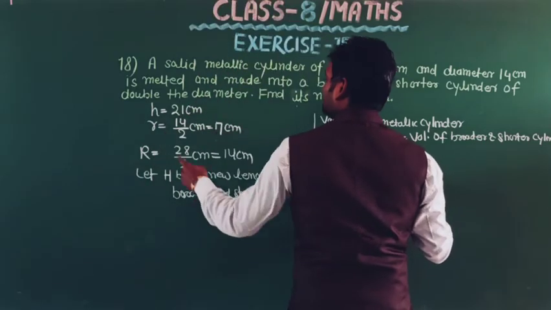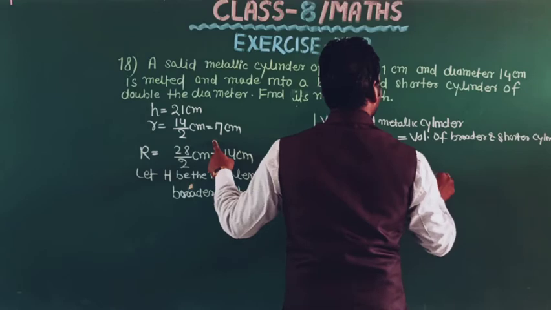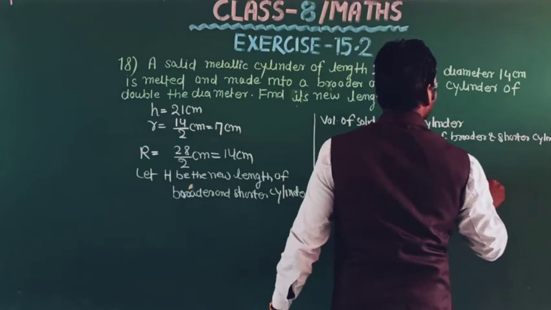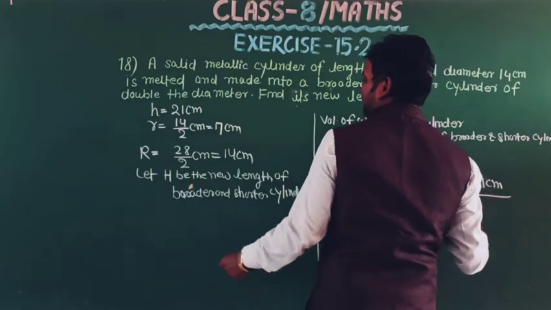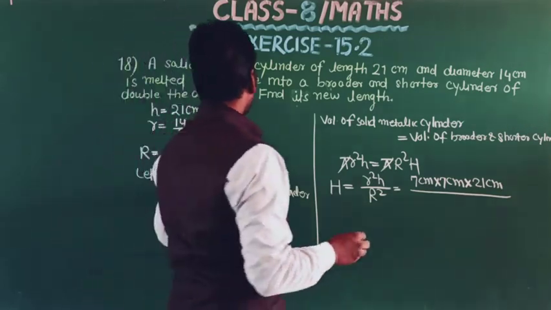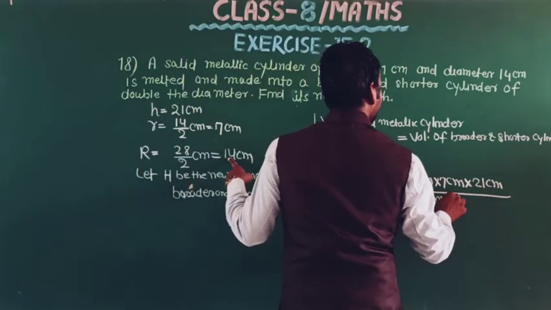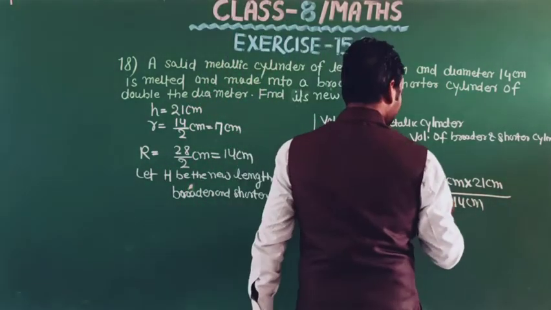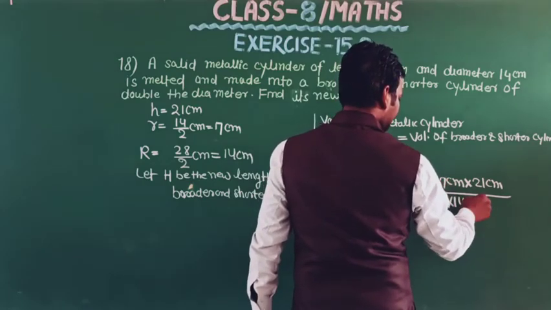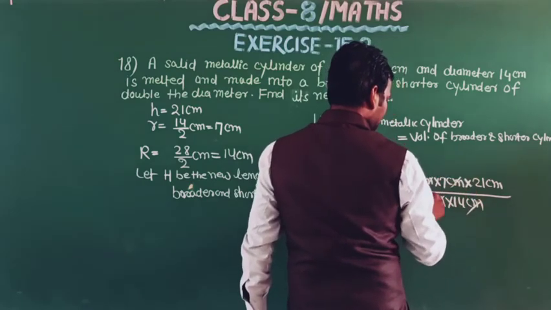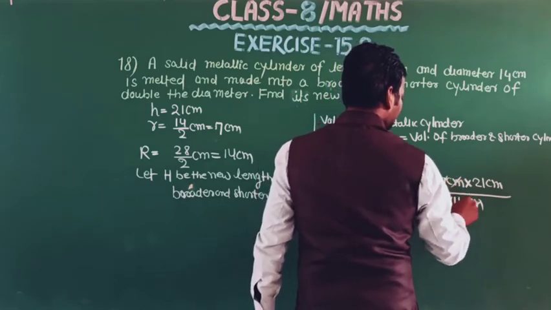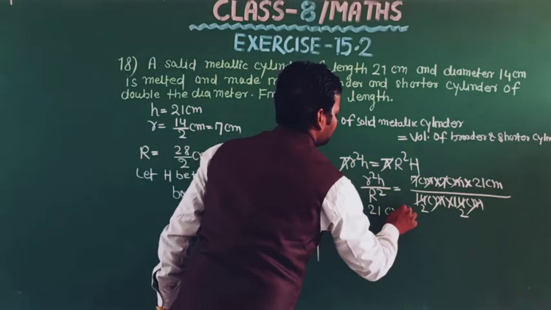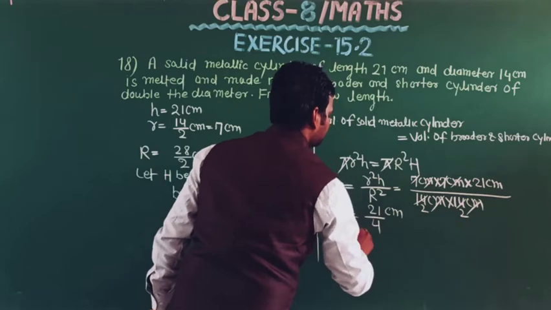So this is 7 centimeter into 7 centimeter, and the height is 21 centimeter, divided by 14 centimeter into 14 centimeter. Now simplify. The centimeters cancel out, 7 into 14, 7 into 14, and we are left with 21 centimeter by 4.